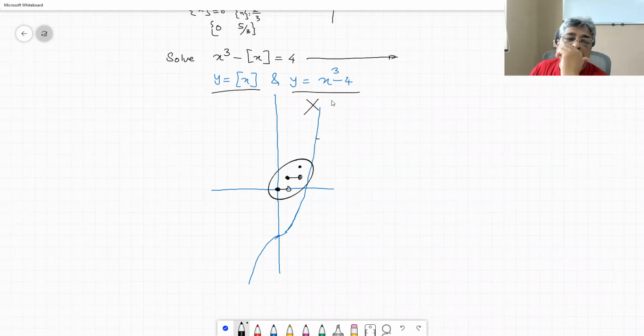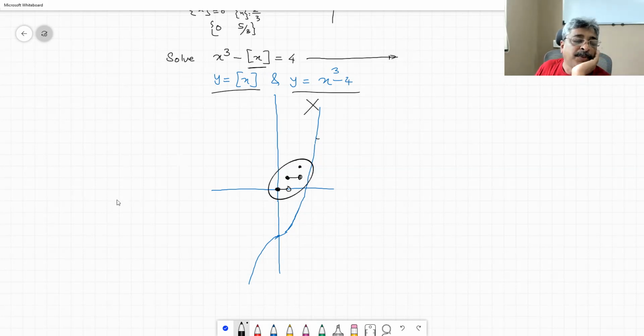Because the greatest integer function is involved in the equation, you are supposed to consider the jumping values of x while solving. It is going to be more manual solving than algebraic.